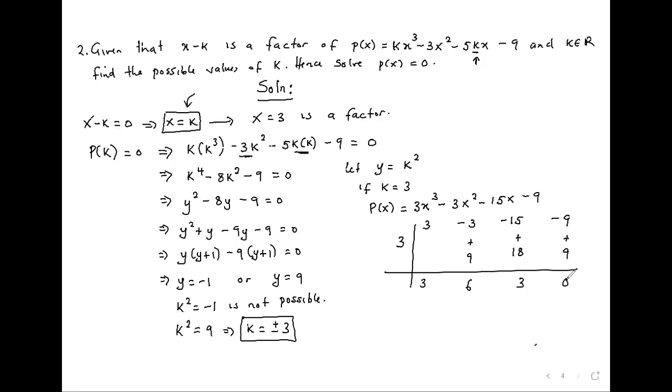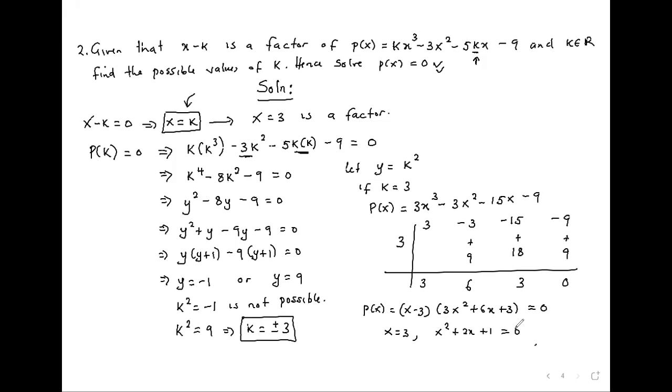And then now you can say, so p of x is equal to x minus 3 times 3x squared plus 6x plus 3 is equal to 0. We're now solving this equation, meaning x is equal to 3, and then the other one, x squared plus 2x plus 1 is equal to 0.